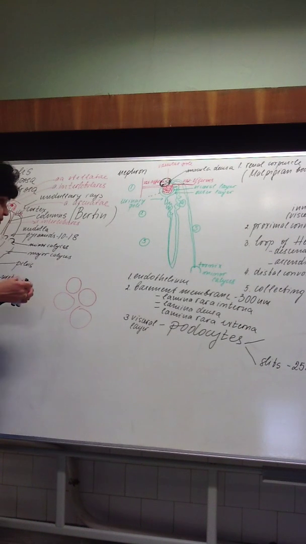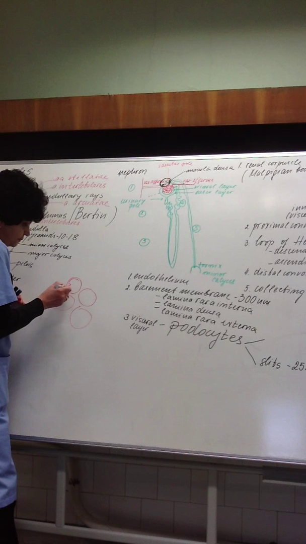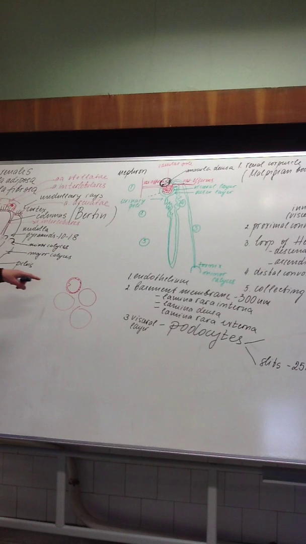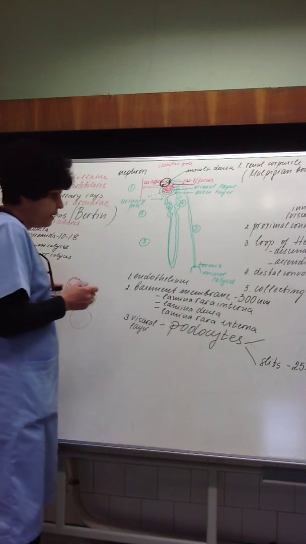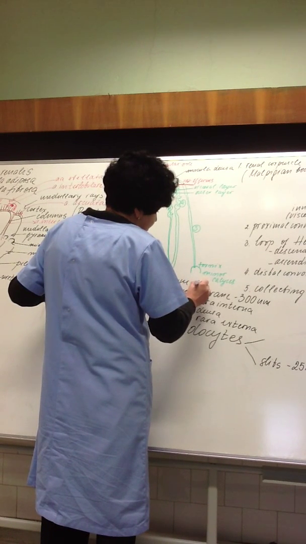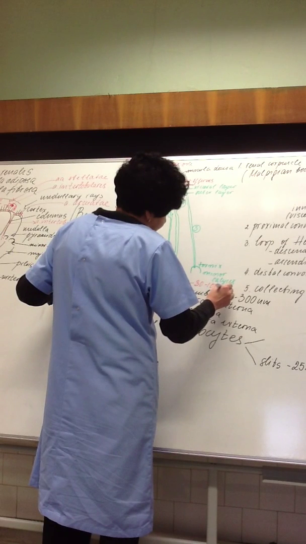In endocrine glands, endothelium fenestrated with this fenestra, small windows, and the diameter of this fenestra is about 80 to 100 nanometers.